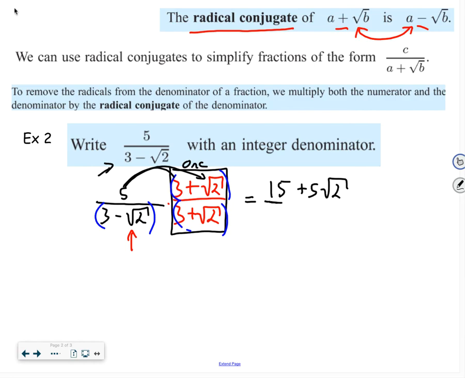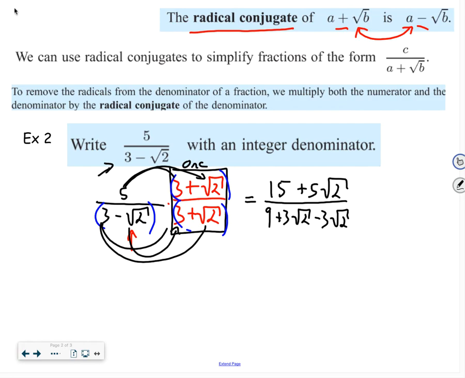My denominator: I get 3 times 3 is 9. Then I get 3 times the square root of 2 is plus 3 square root of 2. Then I have minus square root of 2 times 3, so I get minus 3 square root of 2.